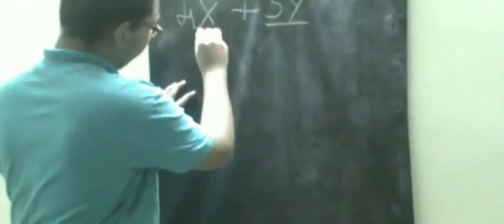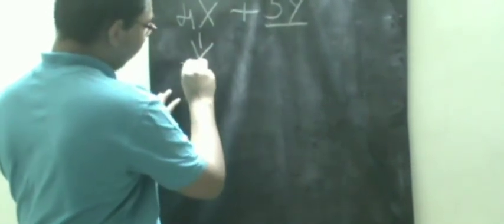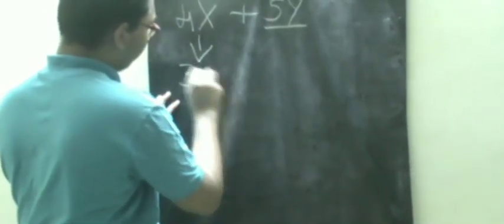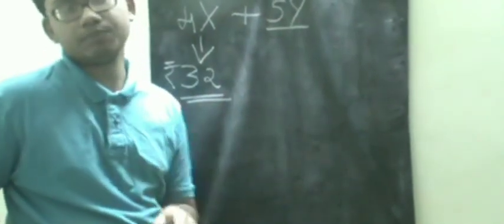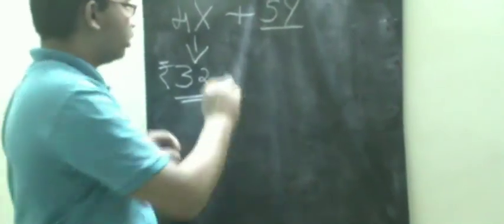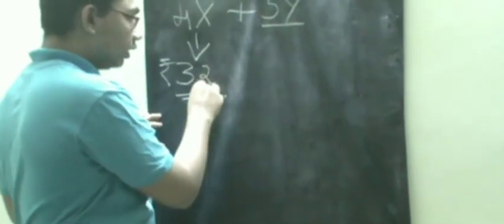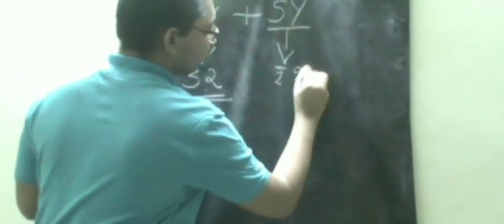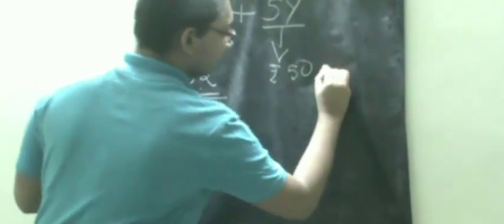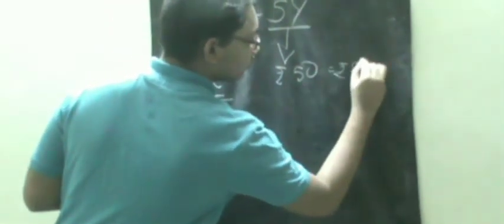One unit of good X costs rupees 8. So when he consumes 4 units, Mr. A will be spending only rupees 32. So he will not be spending his entire money income, for he is spending rupees 32 on good X and rupees 50 on good Y. In total he will be spending only rupees 82, and he earns rupees 100.